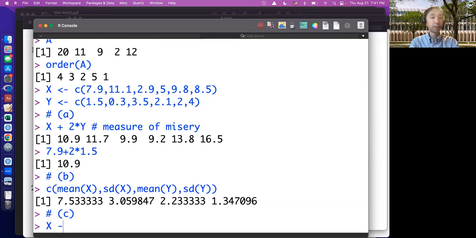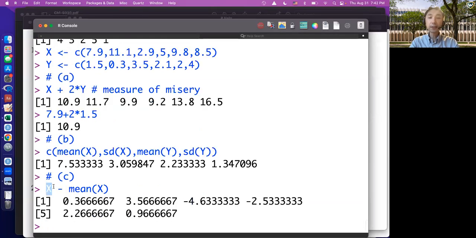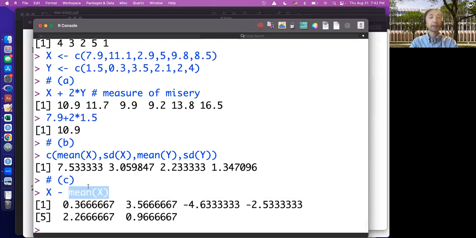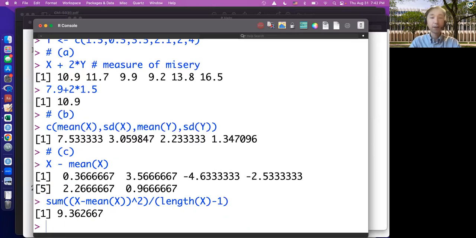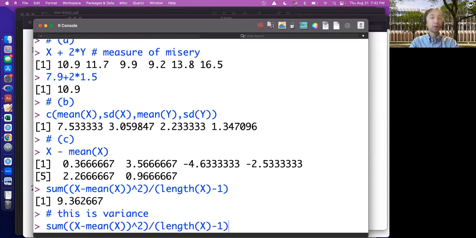We can get this by X minus mean of X. X is a vector, mean of X is just a scalar, but you can subtract mean of X from each element of X. If you do this and take the square, then take the summation and divide it by the length of X minus 1, you get the variance of X. Standard deviation is the square root of variance.